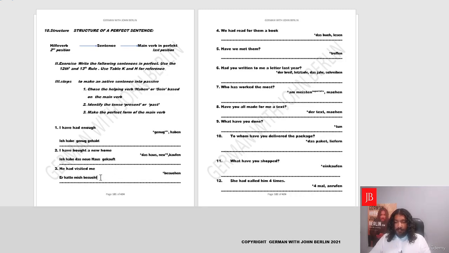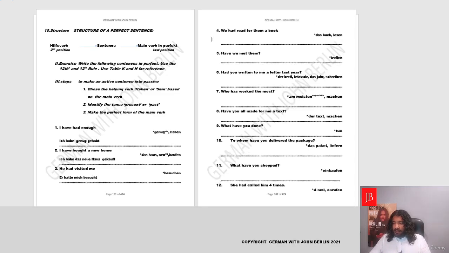It sounds funny. Besucht. We had read for them a book. So let's get started. We'll identify the helping verb based on the verb. Main verb is to read. No fundamental movement. We'll say haben. The tense is past. So we'll say hatten. Conjugated for wir. Wir hatten. Now, wir hatten. For whom? Dative. For them. Third person.